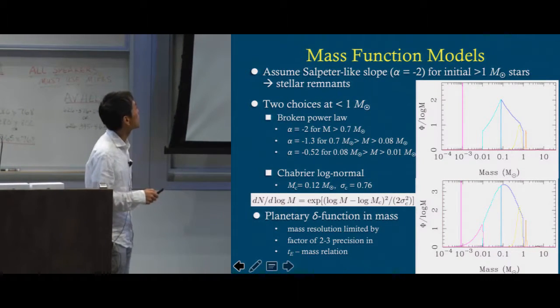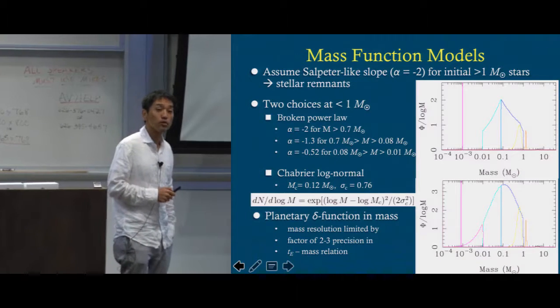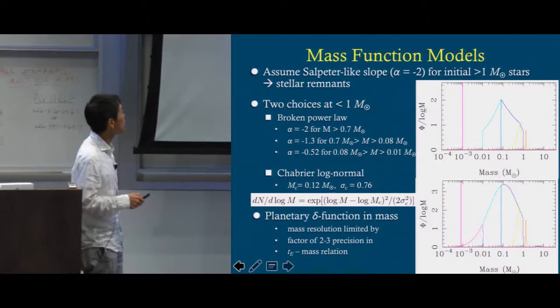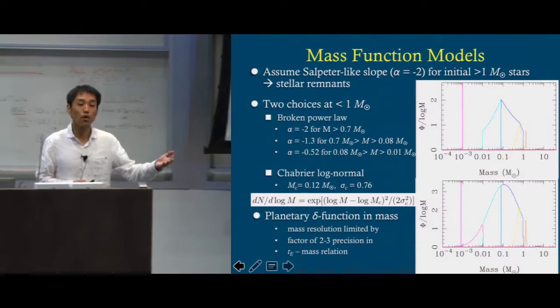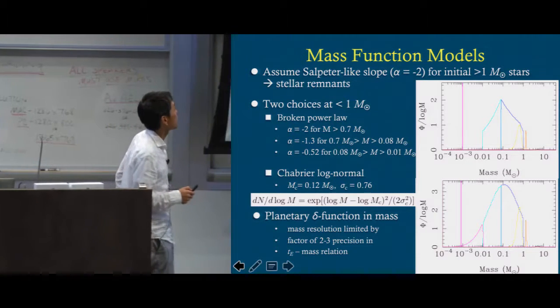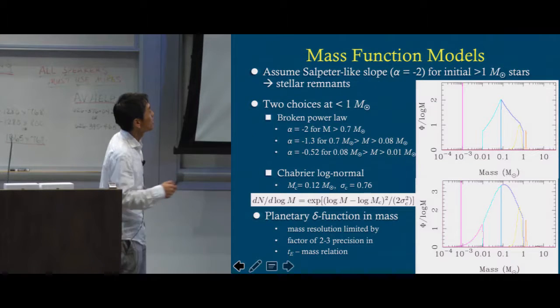So for the broken power law, we assumed the slope is -2 for larger than 0.7 solar mass, and -1.3 for between 0.08 and 0.7 solar mass. And we fitted the slope for the brown dwarf regime, and we found the slope is -0.5. And then this is the final mass function.